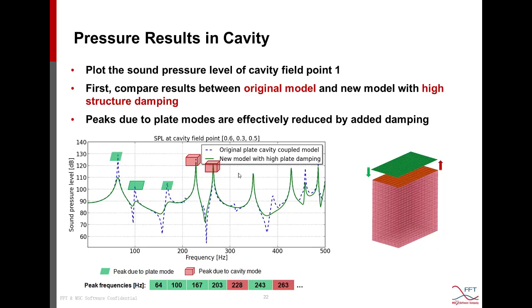Now it is interesting to see that when we change the damping in the plate from lower damping to a higher damping, those peaks that were previously related to the plate modes got reduced, and the peaks related to the cavity modes stay almost unchanged. So this is the influence of the added damping on the plate.